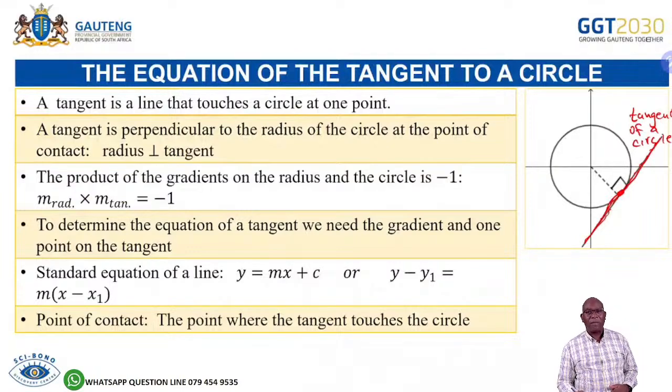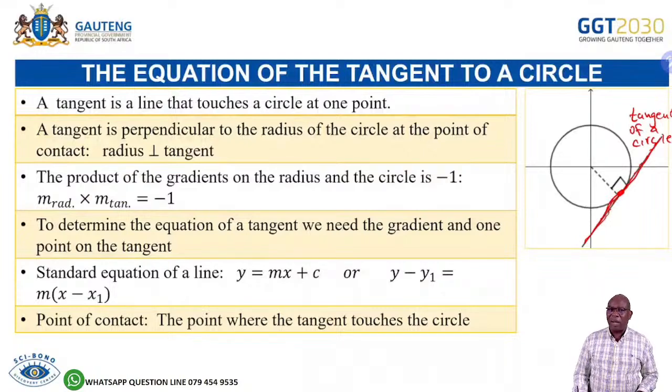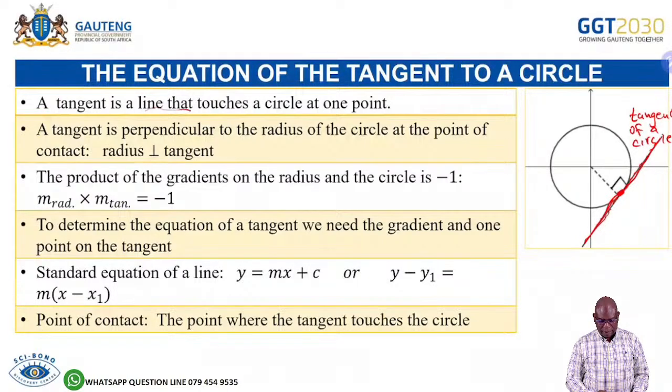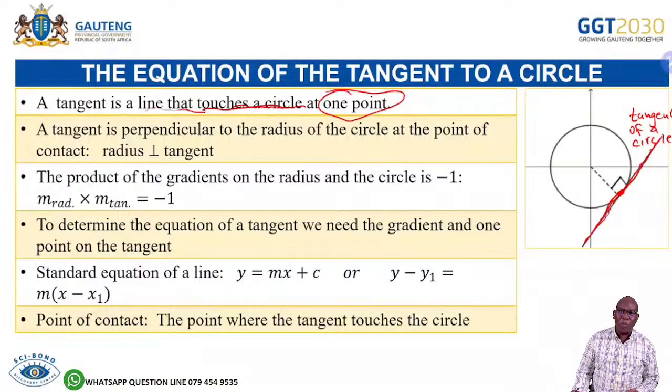But we can have a tangent to a parabola. We can have a tangent to a hyperbola. So here we're talking about the tangent to a circle. Now a tangent is a line that touches a circle at only one point. So if you see a line touching the circle at 2 points, that cannot be a tangent.